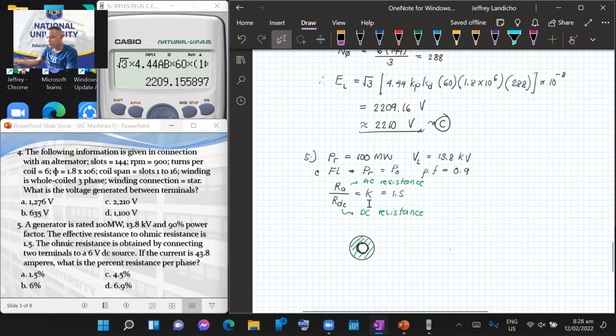So this 1.5 is due to skin effect. Okay? Got it?